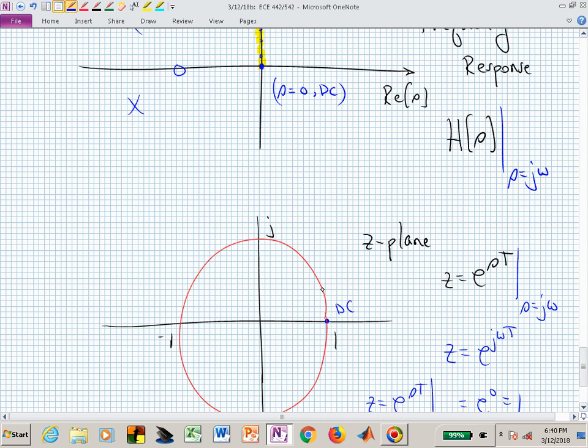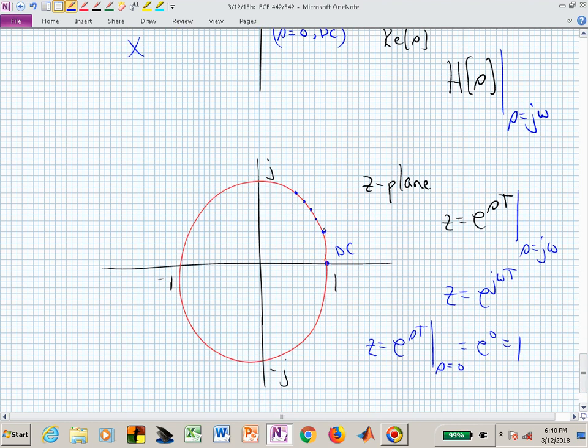And I'm going to start walking around to get the frequency response. What happens? Well, if I'm here, that's basically the same as down there because they're conjugates. And if I keep having these twins, as far as I can go in this diagram is over to that point. That's as high as I can get in frequency.